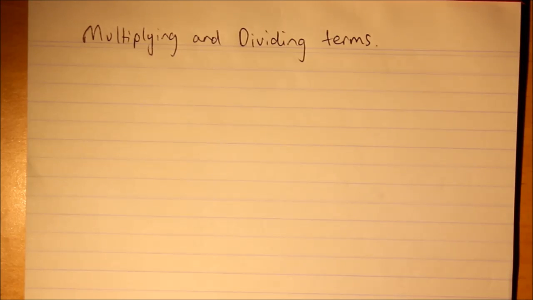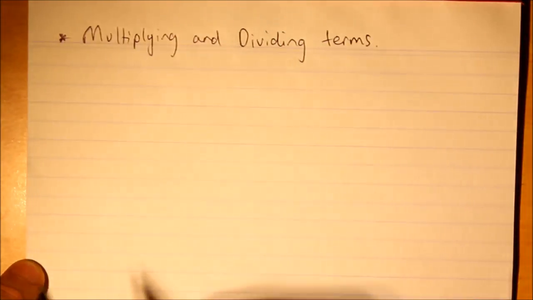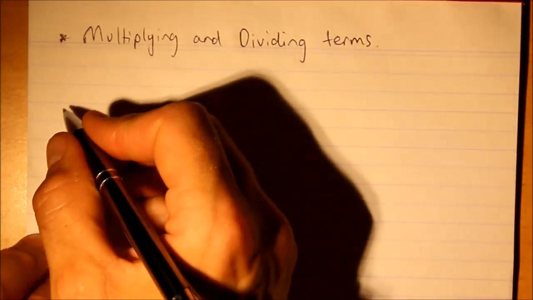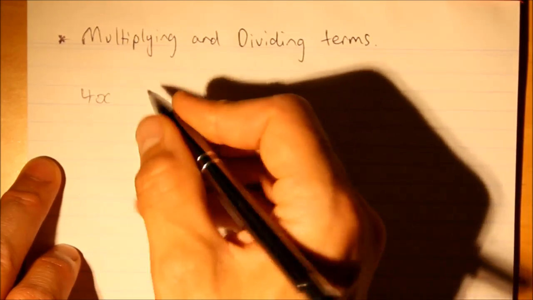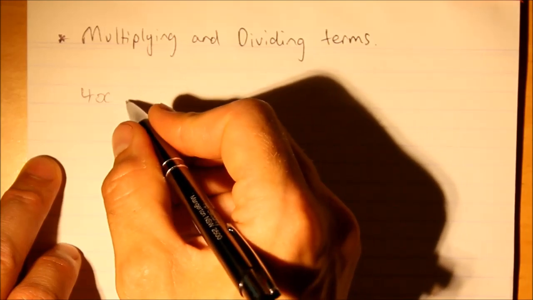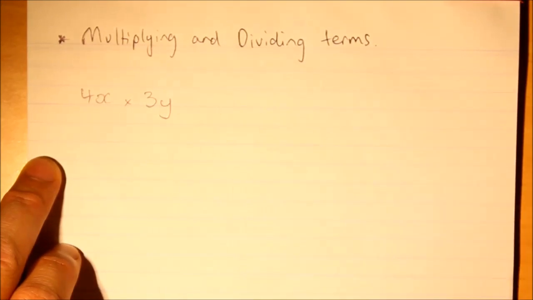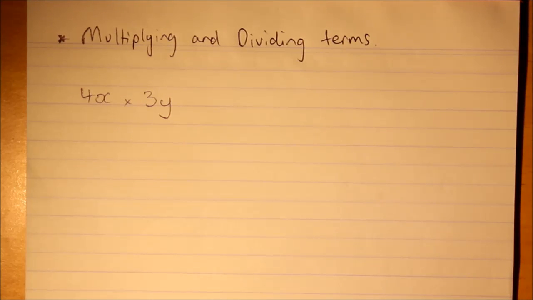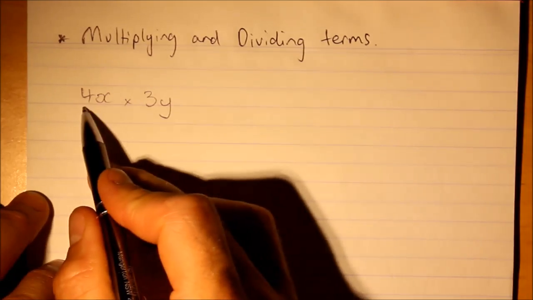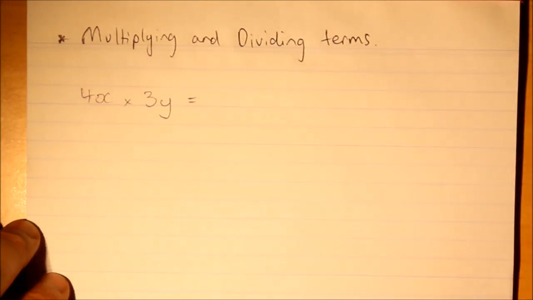Right, let's take a look at multiplying and dividing terms. So let's start by multiplying. We can have 4x times 3y. When we're looking at this, you want to multiply the number part, the coefficients, together, and then the pronumerals.